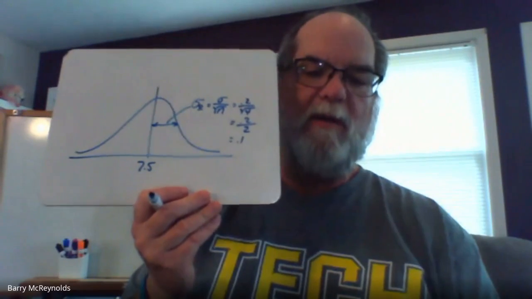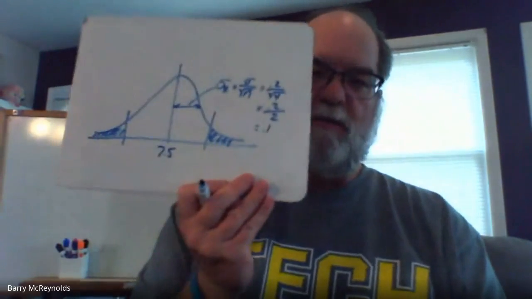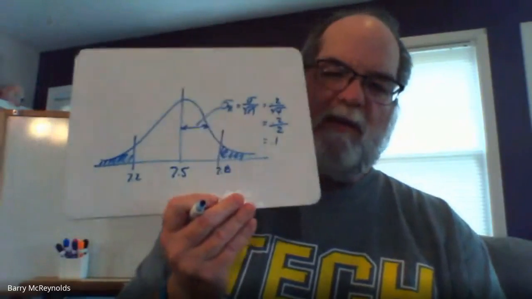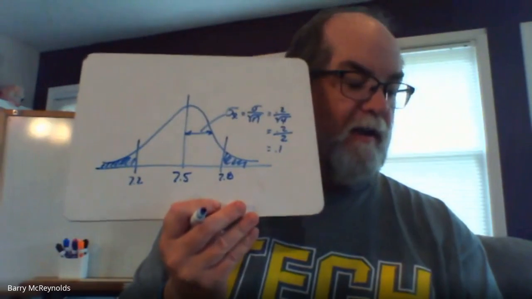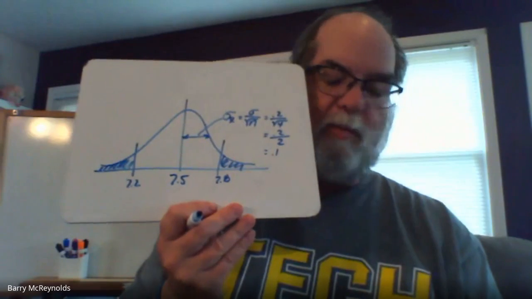So what's the probability that my 4 samples will lie outside the safe zone? So 7.2 and 7.8. Given that standard deviation, find the probability that the inspector will make a type 1 error.